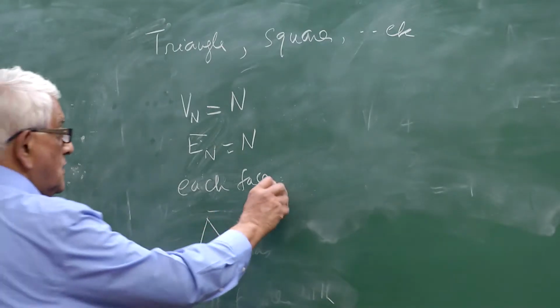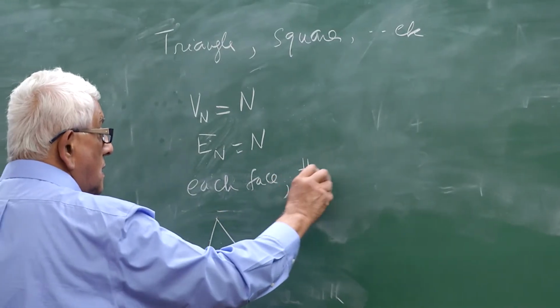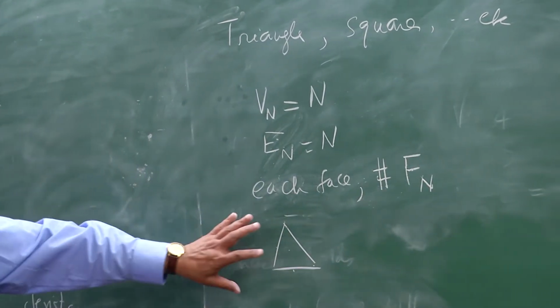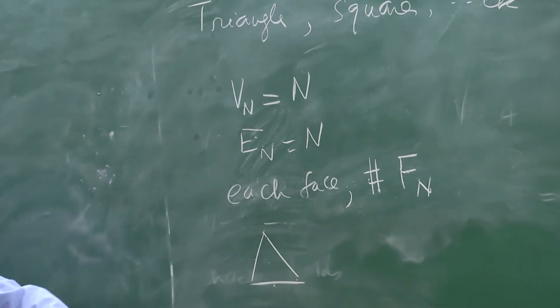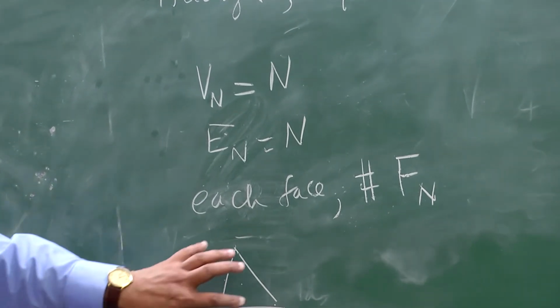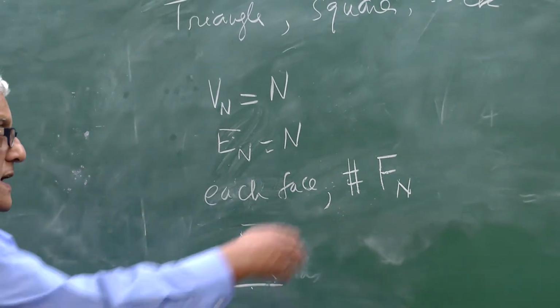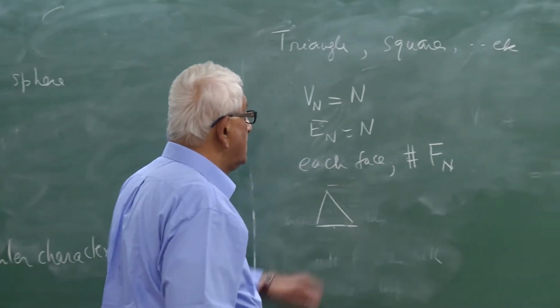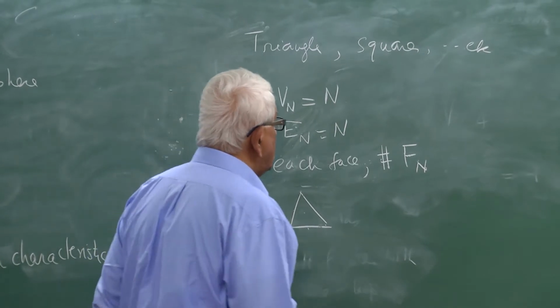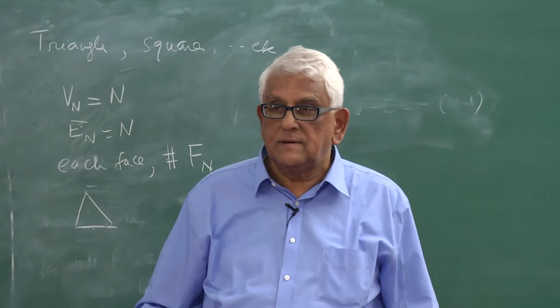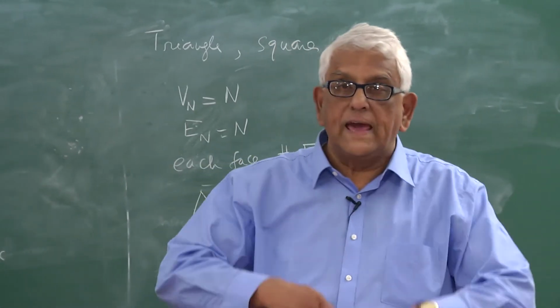So let me call the number of faces, in other words, I have a box full of these shapes, Fn is the number of these things that you have. We have n of these, Fn. Okay, so now what we want to do is to glue them together so that all the edges disappear.